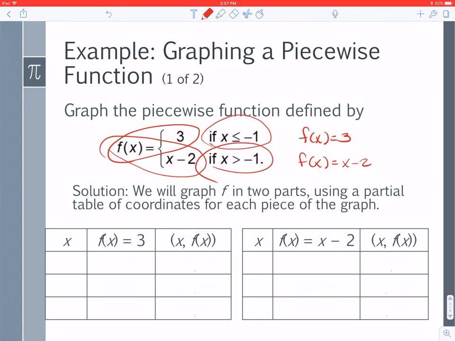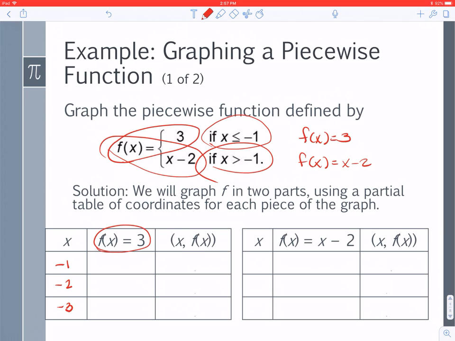Okay, so let's graph that first piece. Let's graph f of x equals 3. And I'm going to graph this by plotting points. I'm going to plot 3 points: -1, -2, -3. So I need to pick 3 points that are in my interval x is less than or equal to -1. Now, this is a constant function, so it doesn't really matter what I pick for x.